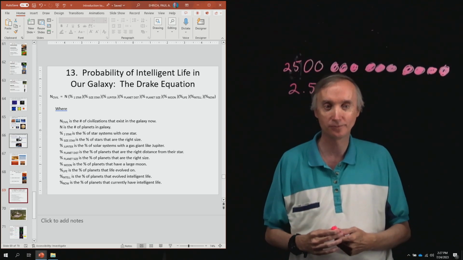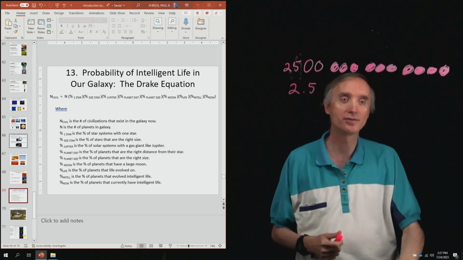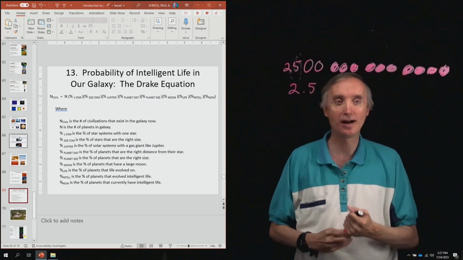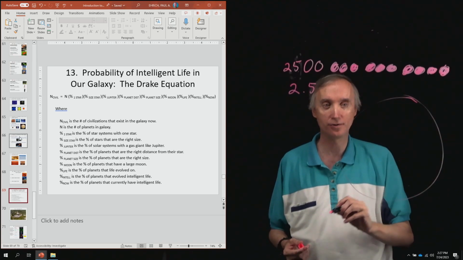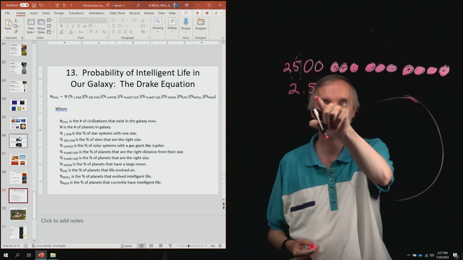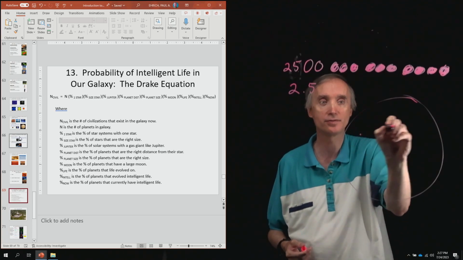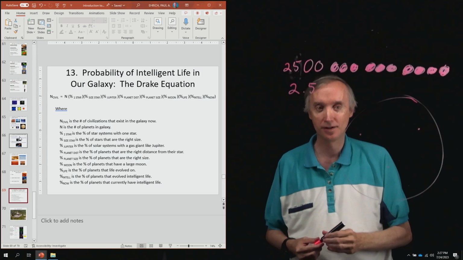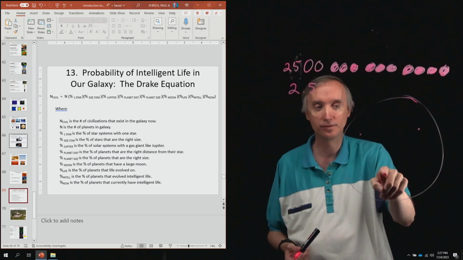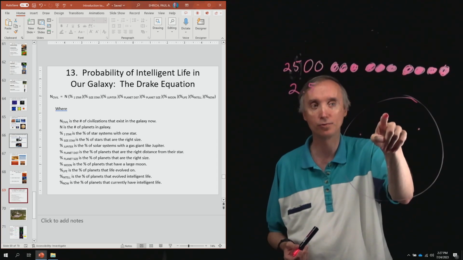Okay, so now what's the problem? Our galaxy is 100,000 light years in diameter, and those 3 civilizations could be anywhere in the galaxy. So if they start sending out their radio waves, how long is it going to take to reach Earth?